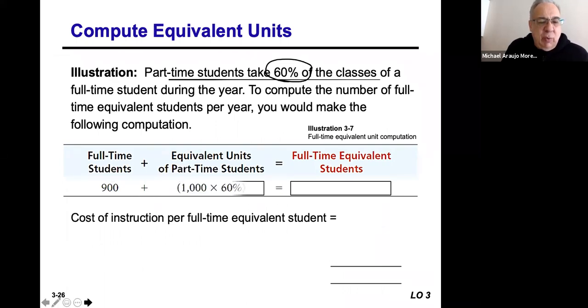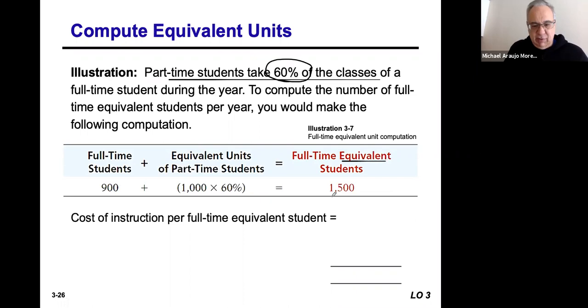Basically, we have an equivalent of 600 more full-time students. So the total full-time equivalent students is 1,500, okay? That's because we, in essence, converted these 1,000 part-time students into full-time students.